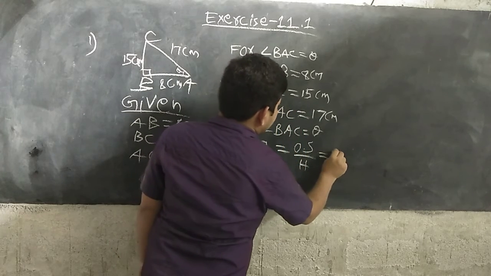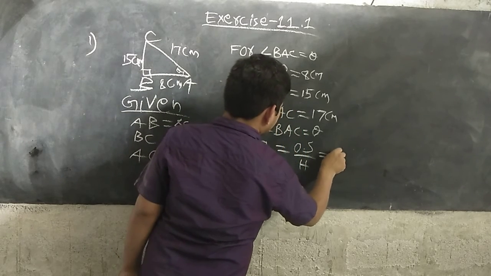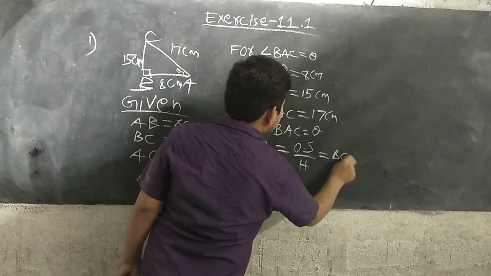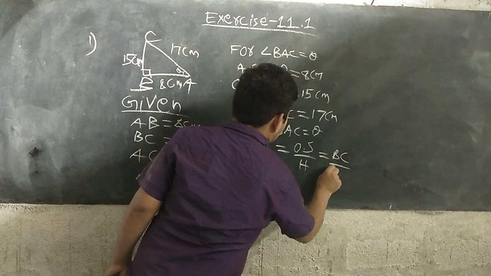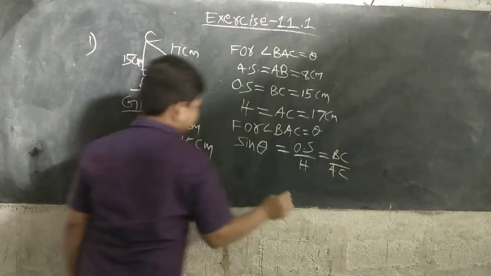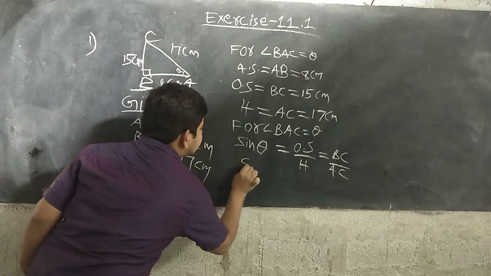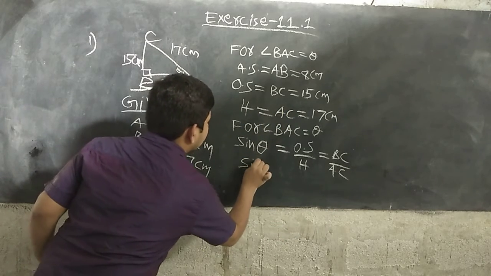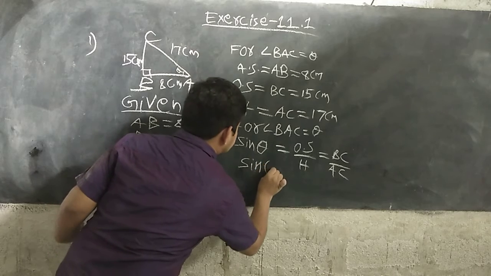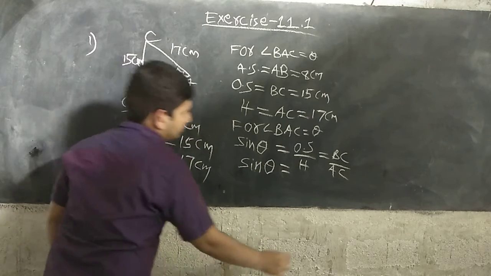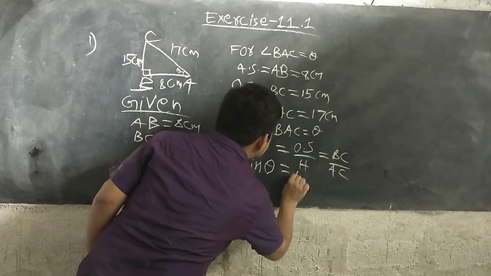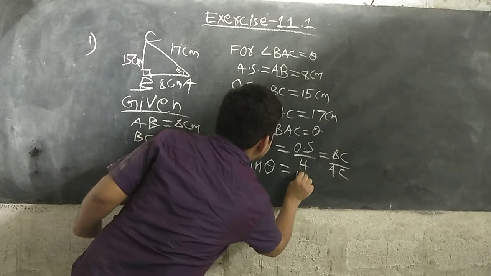BC, by hypotenuse AC. So sin theta equal to BC by AC, which is 15 by 17, since BC equal to 15 and AC equal to 17.